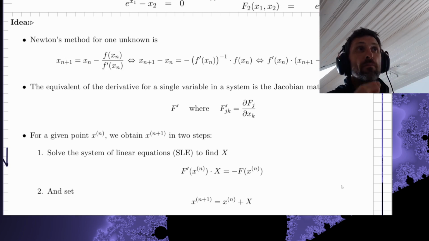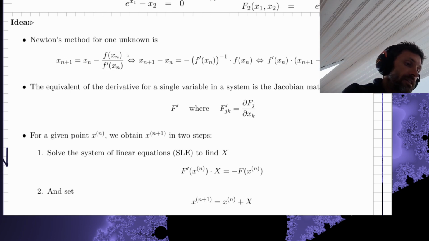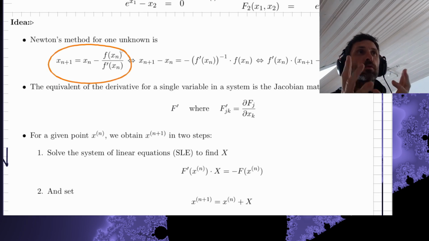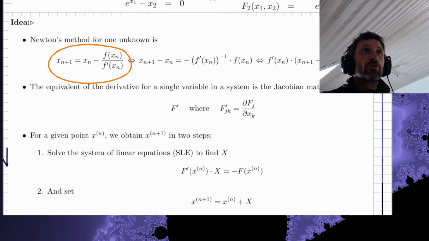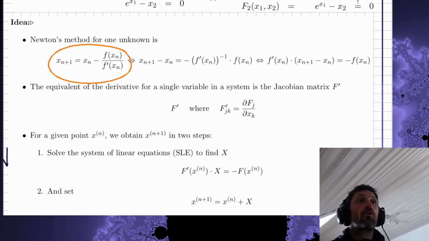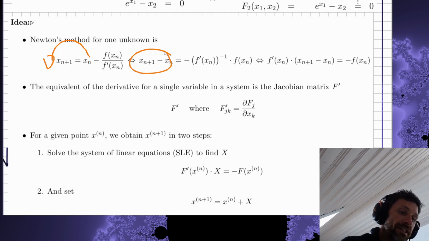And what can we do? We can examine the Newton method for one equation and one unknown, and it's of that type. And then we can manipulate this iteration and come to a suggestion how an algorithm for more than one equation might work. So rearrange in the following, bring that to the left hand side, then this is equal to that.